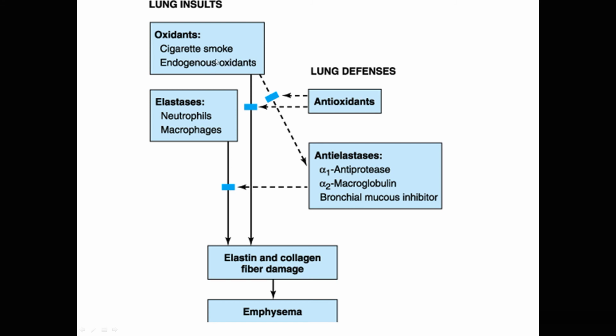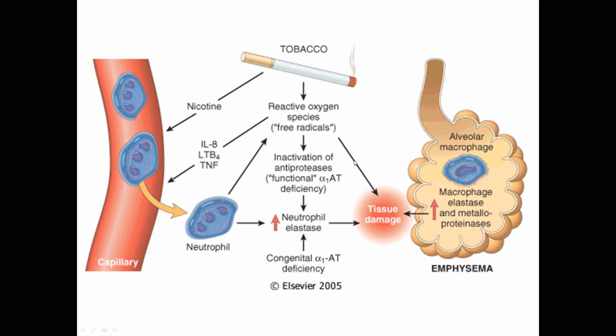Let me note, in 90 up to 95 percent, the cause of emphysema is related to cigarette smoking. As shown on this picture, the tobacco smoke inactivates antiproteases, free radicals are released, and neutrophil elastase is released.